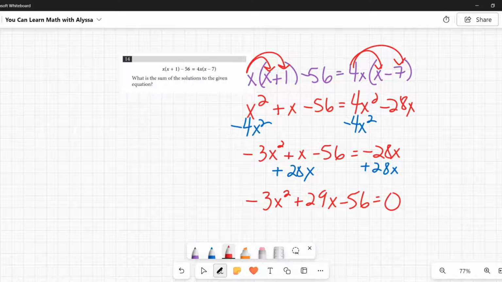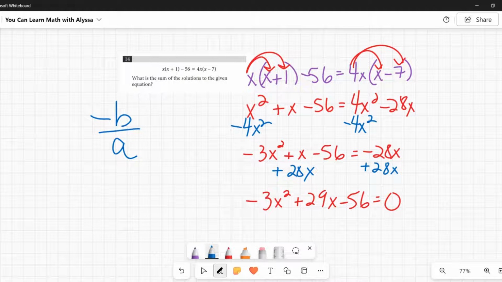Okay, at this point, there is a lovely little shortcut that I really recommend you learn. The sum of the solutions of a quadratic is equal to negative b over a. That's it, negative b over a.